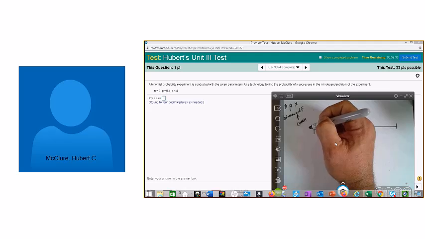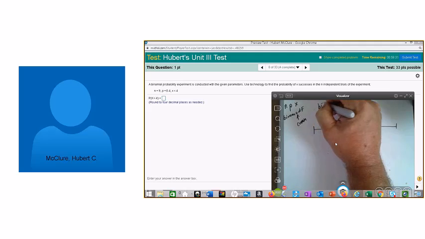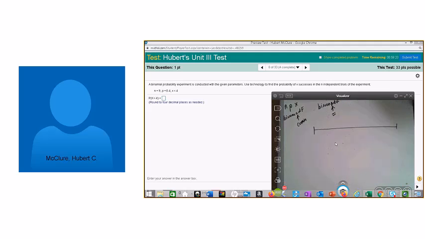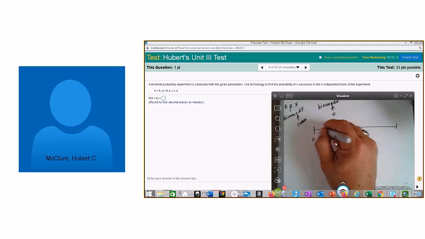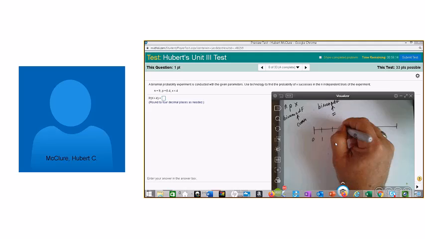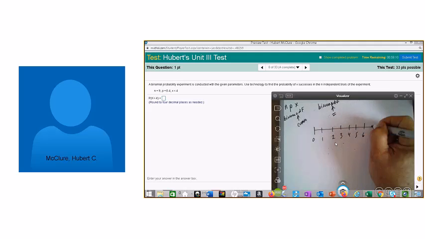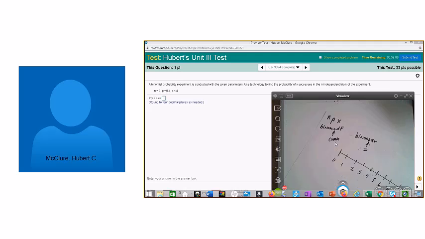Or binomial PDF, where the P means precise, meaning equals. Okay? So let's draw this. We've got 0 to 9: 0, 1, 2, 3, 4, 5, 6, 7, 8, 9.